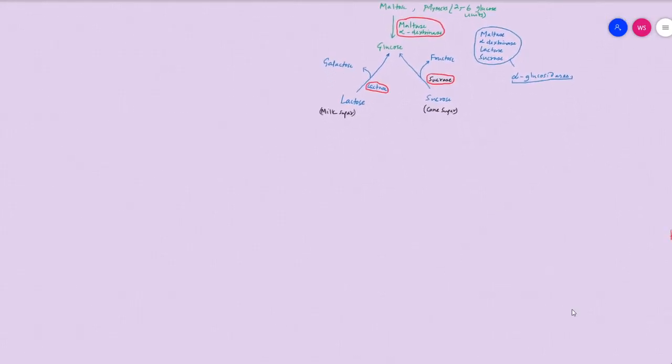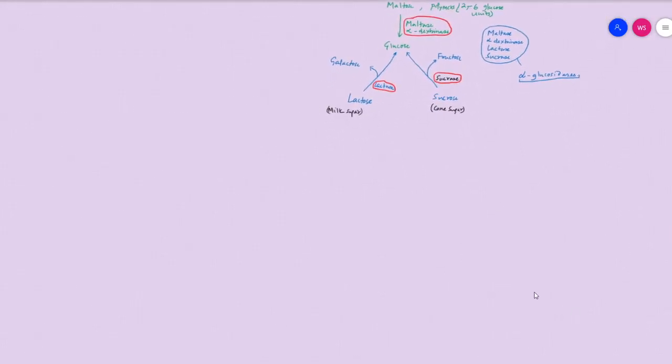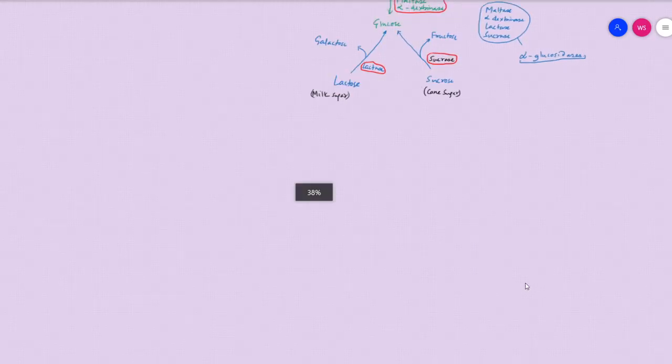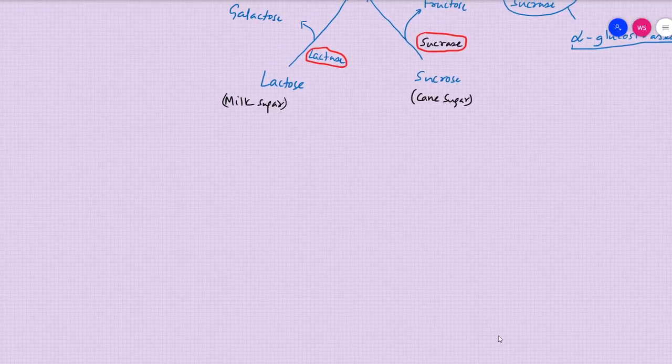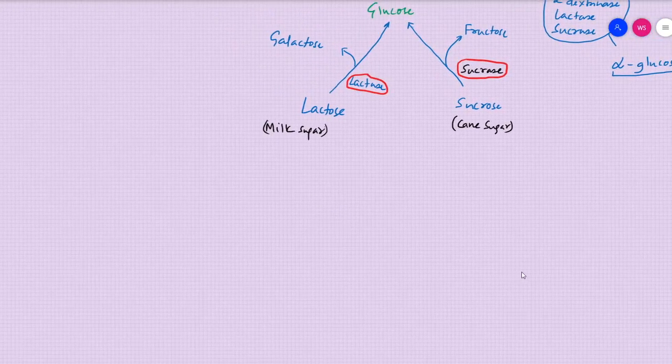Let's zoom a bit. How does sugar exit the blood?